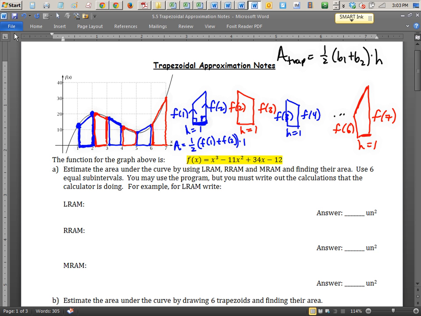And then the second one would be area equals 1/2 times f of 2 plus f of 3 times 1. And this just goes on and on.